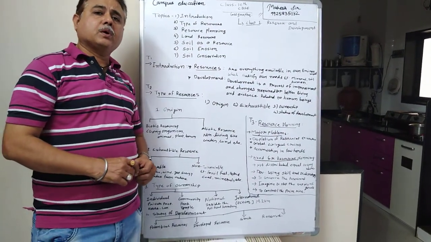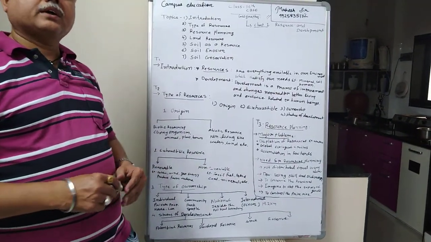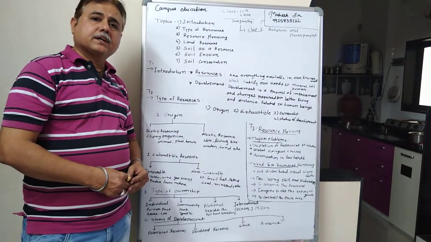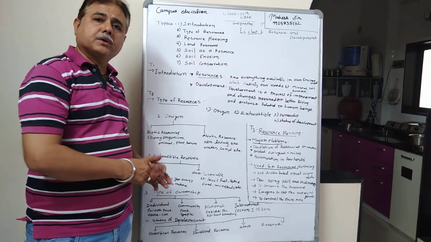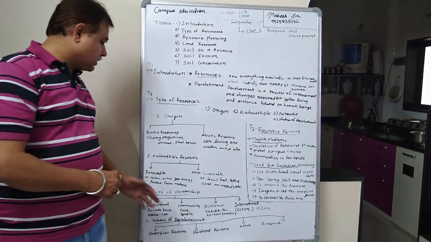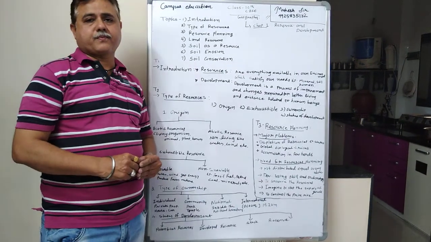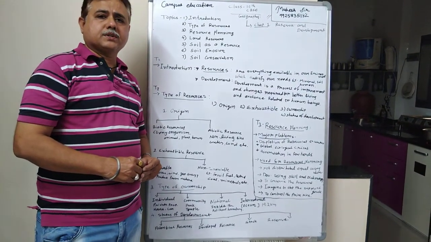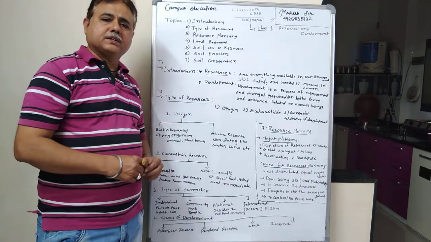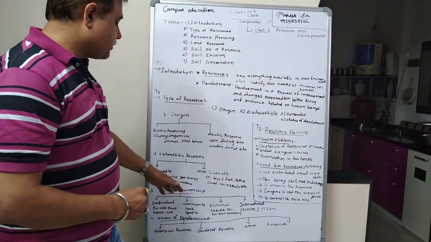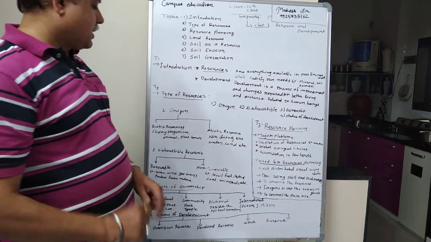Friends, you know, private property like a house, your bungalows, your factories, that means it is private property. This is called individual resources. Now community resources. Community resources are for all the community, just like a park, temple. So these are community resources.